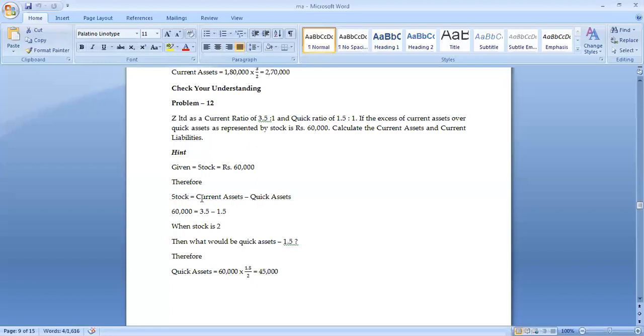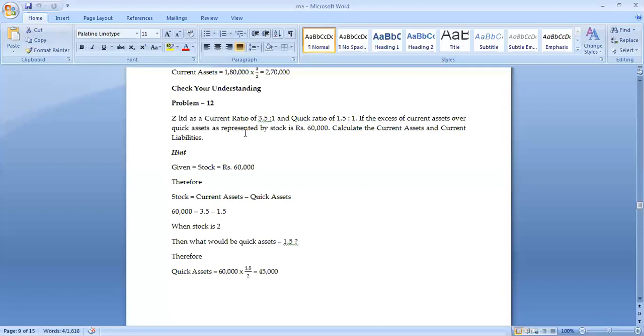Obviously, current assets include all the assets, whereas the quick assets include all the assets except the stock as well as the prepaid expenses. So current assets minus quick assets gives you the stock.